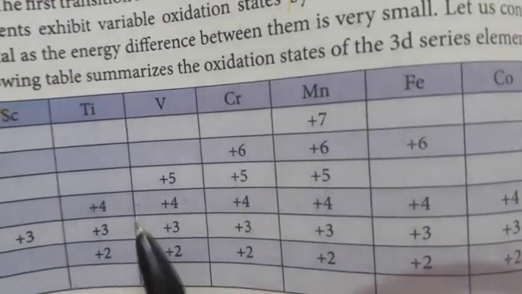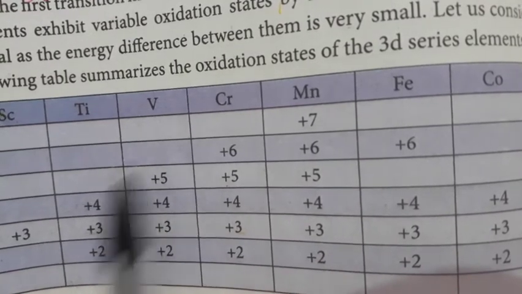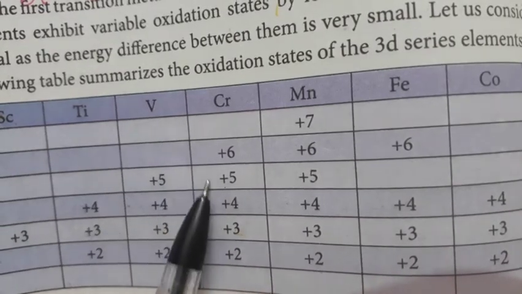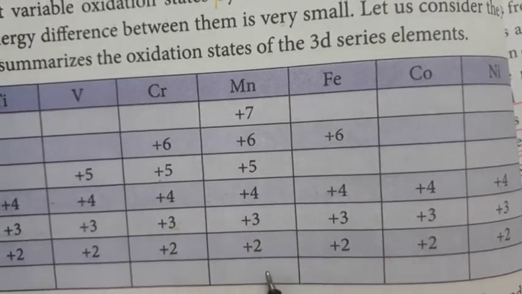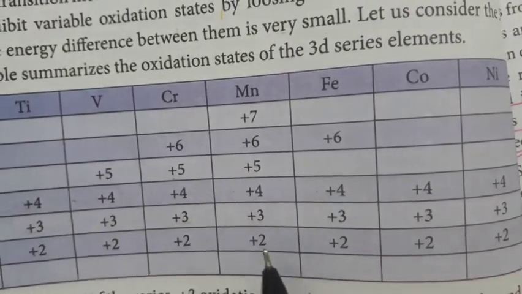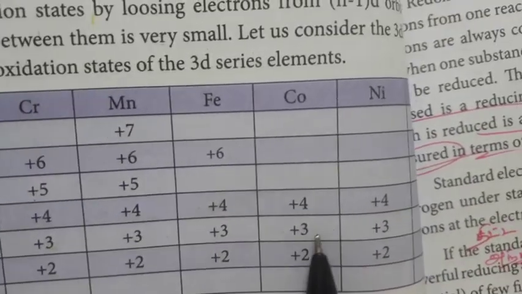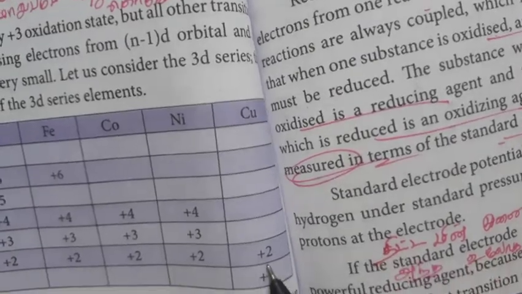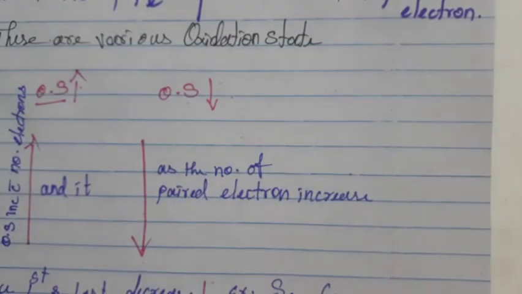Scandium +3, titanium they have +4, 3, 2, vanadium 5, 4, 3, 2, chromium 6, 5, 4, 3, 2 and manganese has the maximum oxidation state. And after manganese it is getting reduced, iron and copper, nickel and cobalt. You see copper we have only +2 and +1 oxidation state.